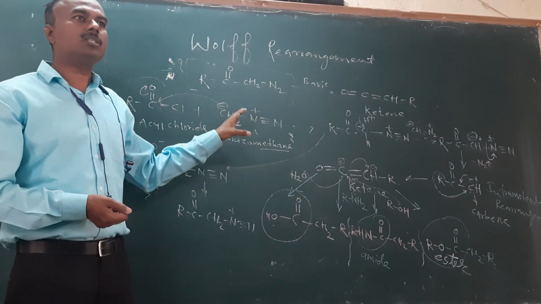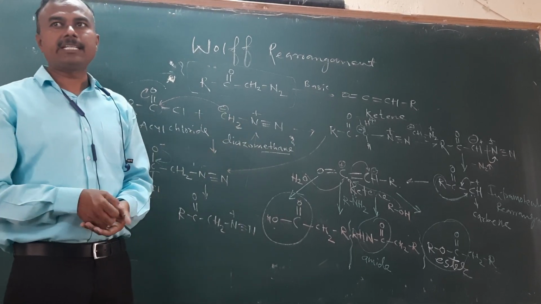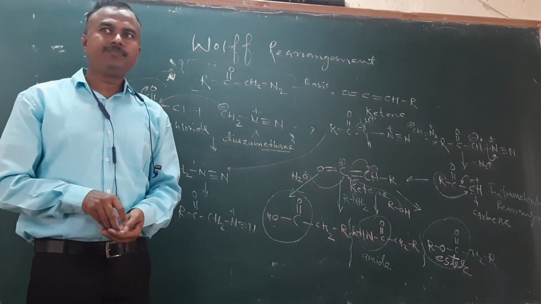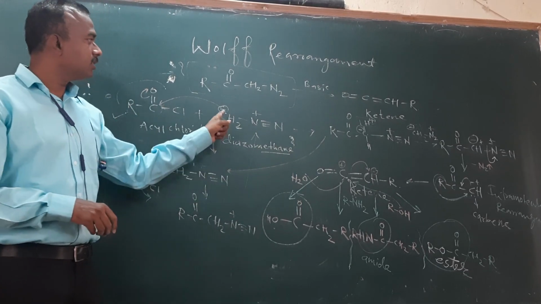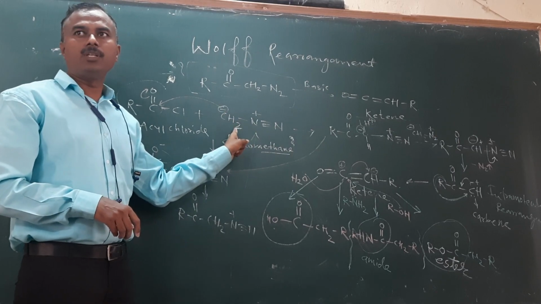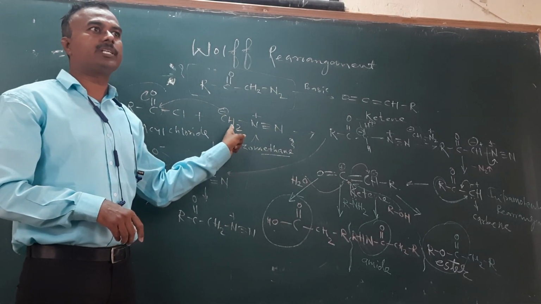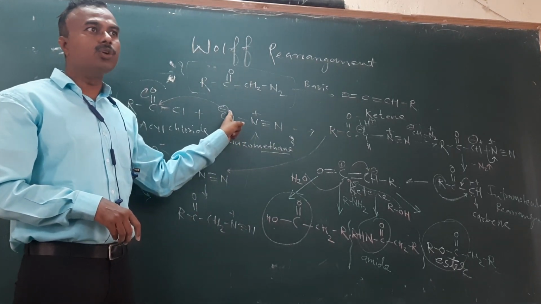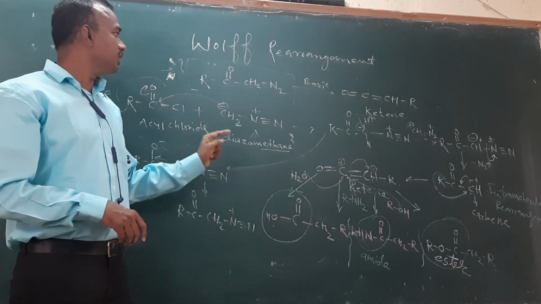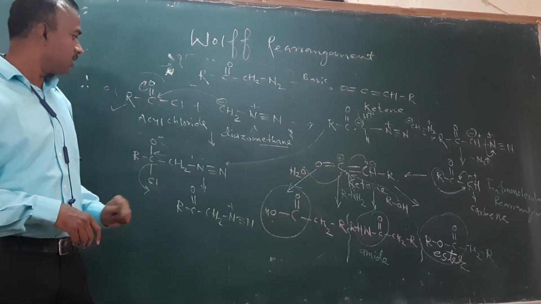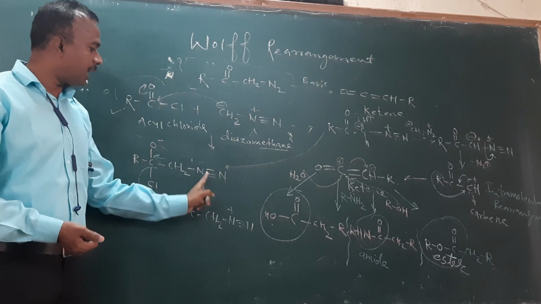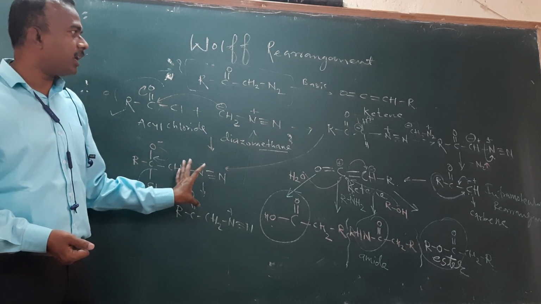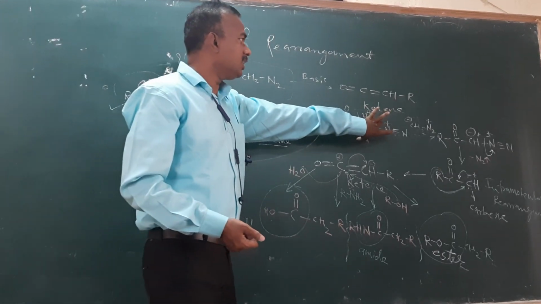The nucleophilic part of the diazomethane is generated by the addition of alkyl lithium, a base which creates a negative charge in the diazonium, because a strong base is required to take the proton from the CH3. So CH3 is converted into CH2. This CH2 will attack on the carbonyl carbon in such a way that alpha diazoketone is formed. Take this alpha diazoketone here.